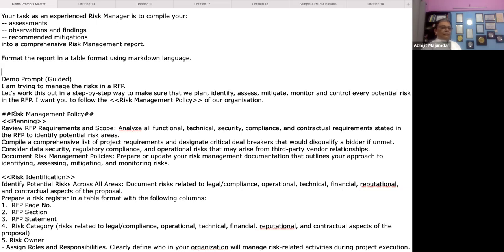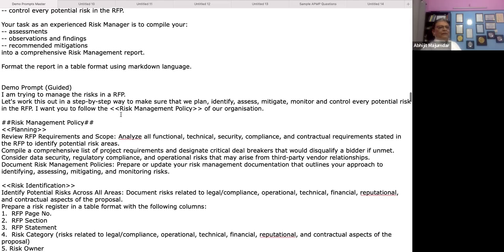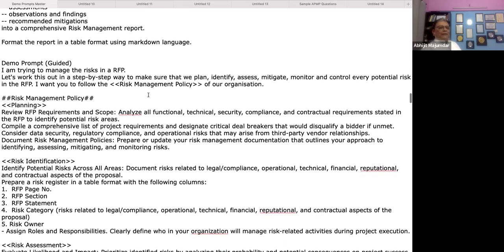So this is a placeholder variable. I want you to manage the risk following the policy of my organization.